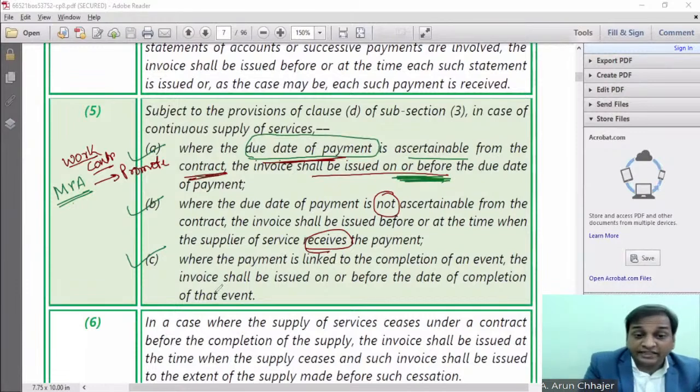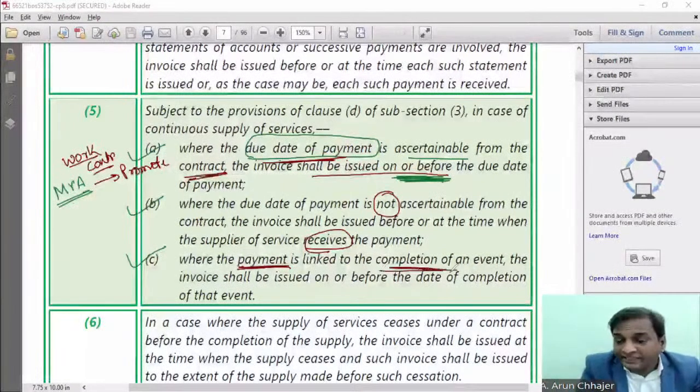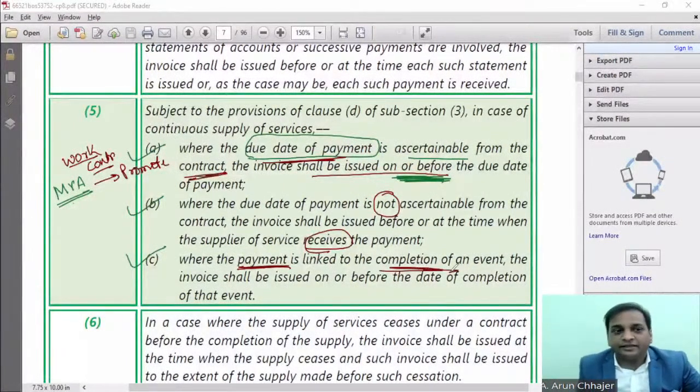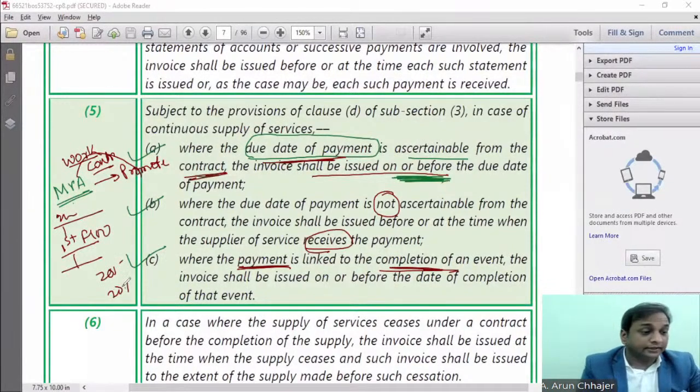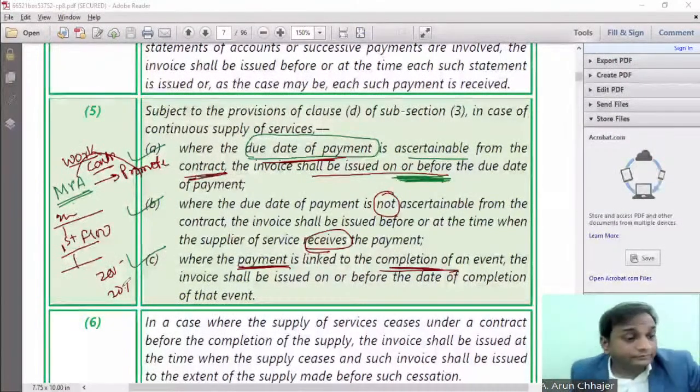Third, if the payment is linked to the completion of an event, might be the contractor has been given the task that if you complete the first floor, then I will give you 20%. When you complete the second floor, I will give you an additional 20%.